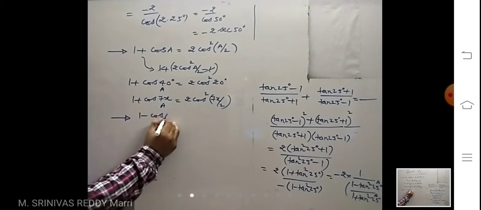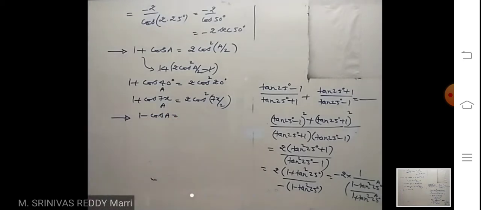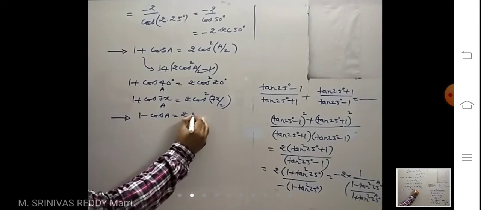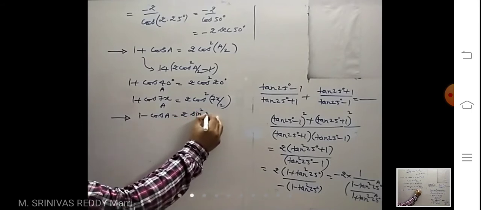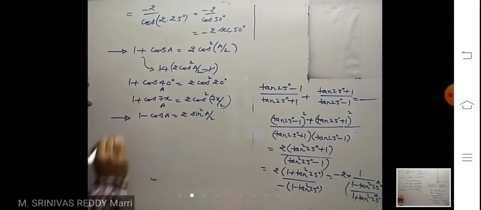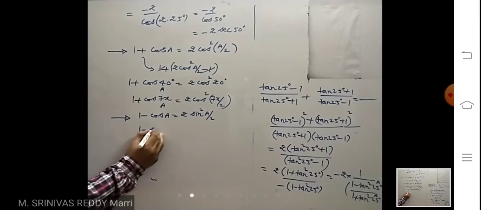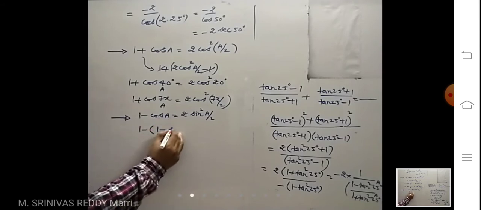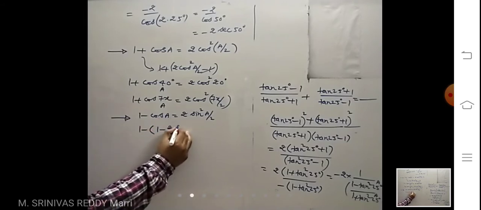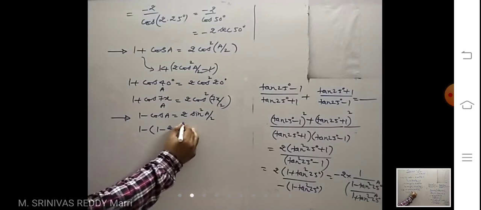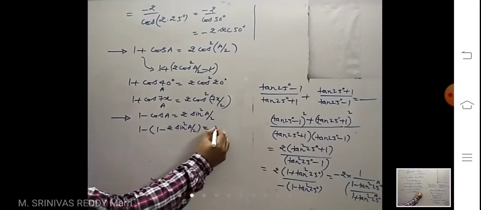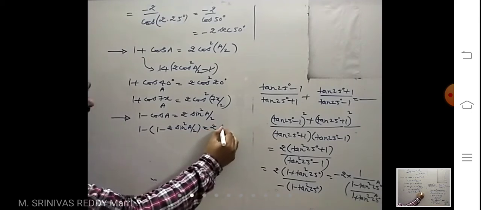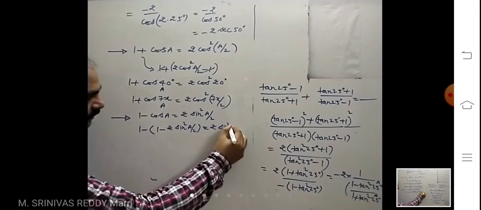Then next, 1 minus cos a is nothing but 2 sine square a by 2. Look at how cos a is written in terms of sine: 1 minus 2 sine square a by 2. That means 1 minus cos a is nothing but 2 sine square a by 2.